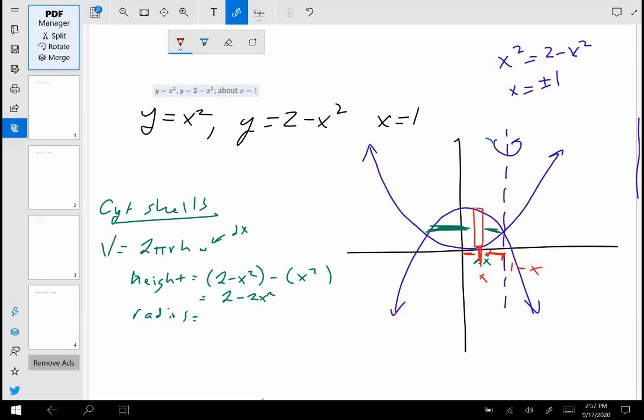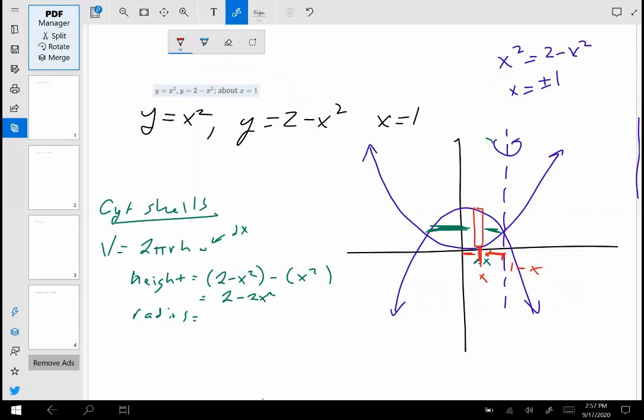That makes sense? That might be the number one place that people make mistakes setting these things up, especially when it's not rotating around the x or the y axis. So that's the one spot where I tend to be really extra careful, just because it's so easy to mess up. But it'll always be axis of rotation minus x. Or if it's with respect to y, it's going to be axis of rotation minus y.